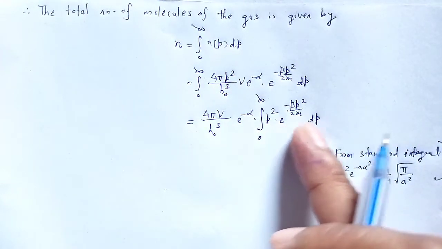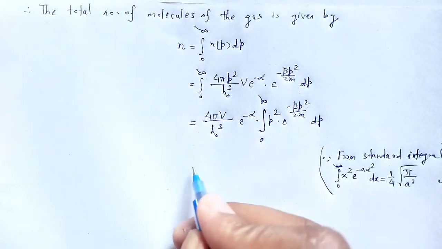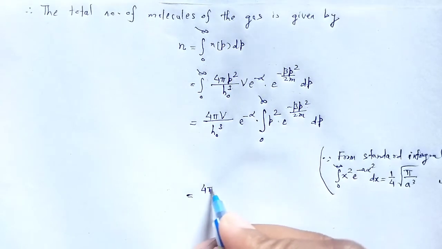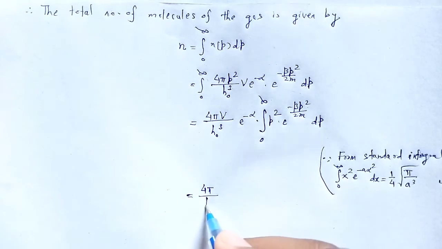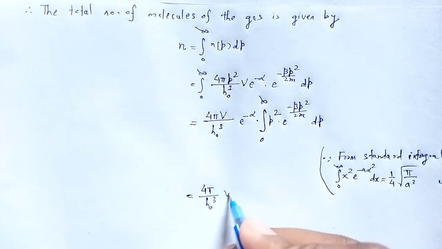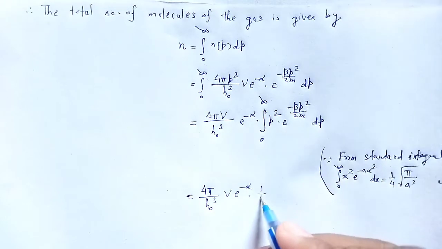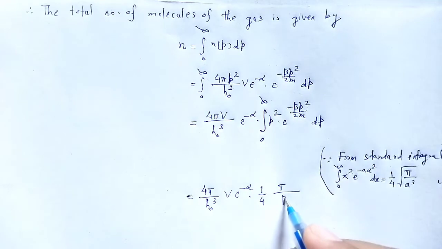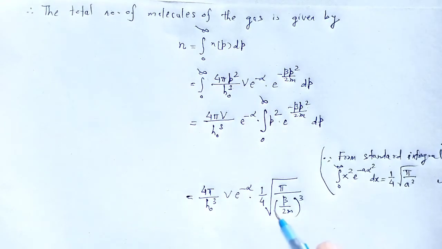The value of that integration will be how much? That is 4 by 3, that is 4 pi V e to the power minus alpha by h naught cube, and that value will be 1 by 4 pi divided by beta by 2m cube, whole root over.